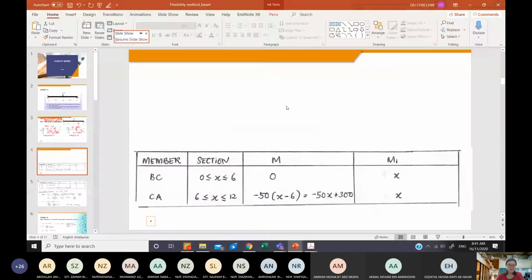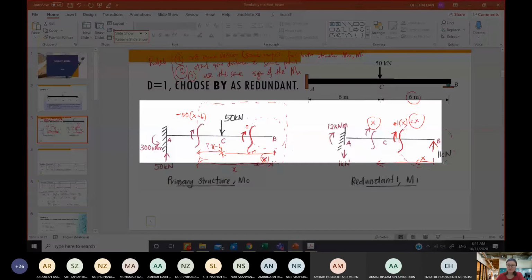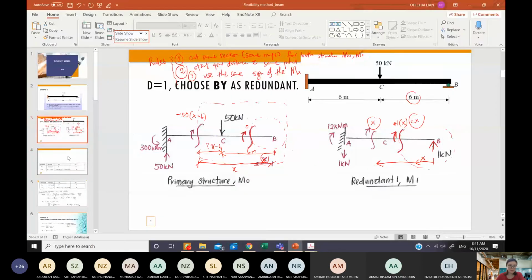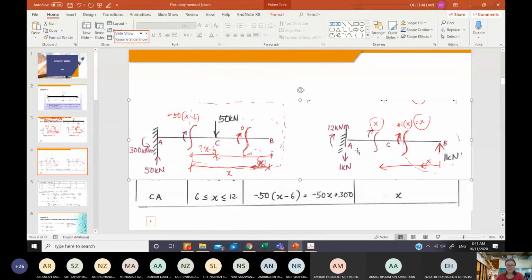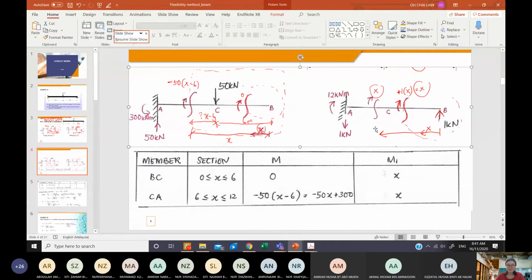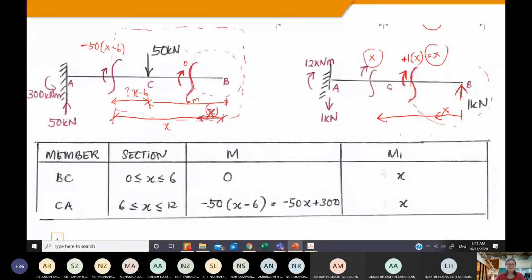This is what we have calculated just now. We need to put it in a table. This is M0. For member BC, you need to put a range. Sometimes you put a range here correctly. So this is from 0 to 6 meter.